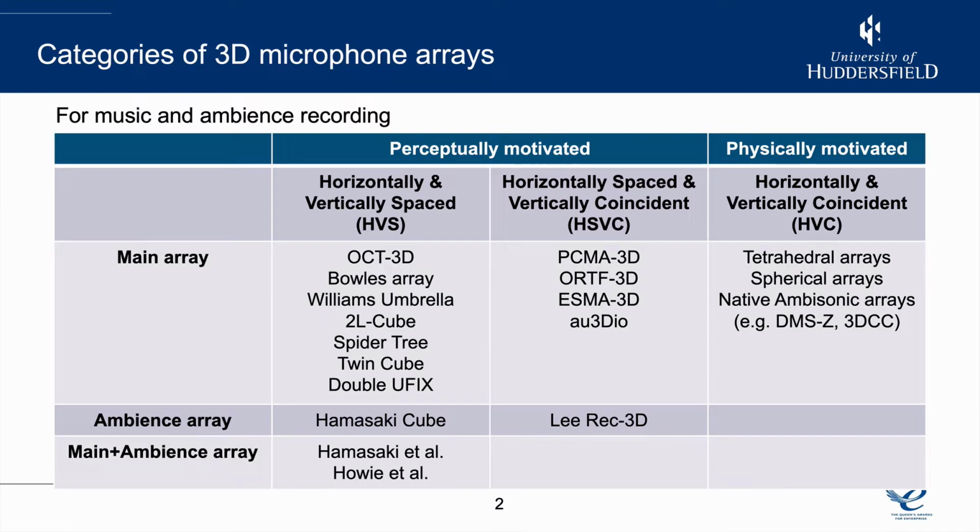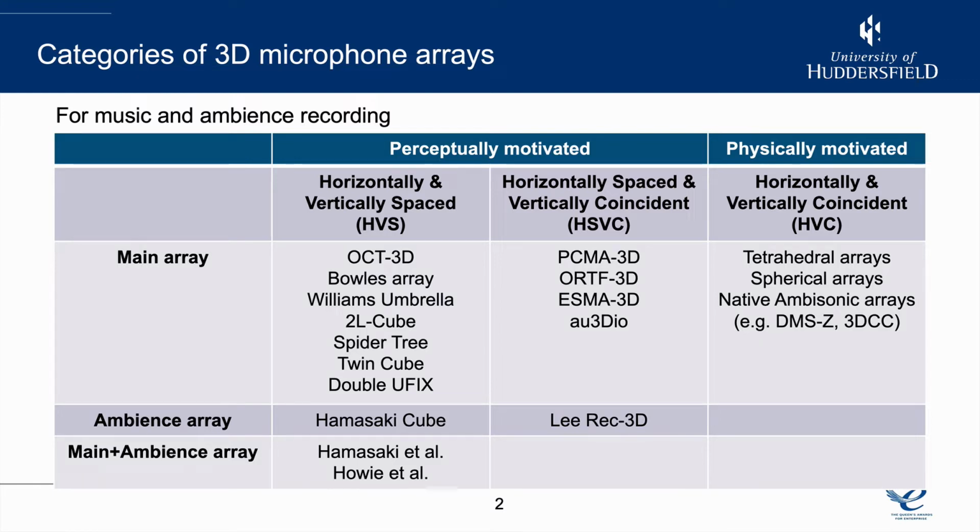Both the HVS and HSVC arrays can be described as perceptually motivated arrays because their common aim is to achieve certain perceptual characteristics in phantom image localization and spatial impression by manipulating the interchannel relationships between the microphone signals. So the main motivation here is to provide the listener with a spatially and tonally pleasing aural experience while plausibly representing the sound field rather than duplicating it in reproduction.